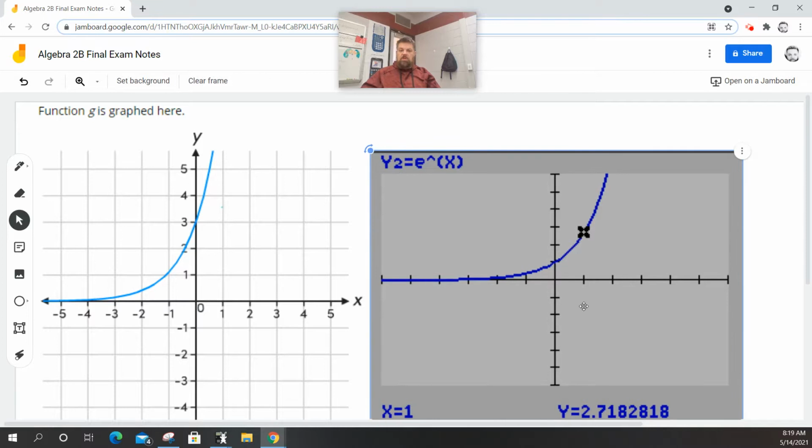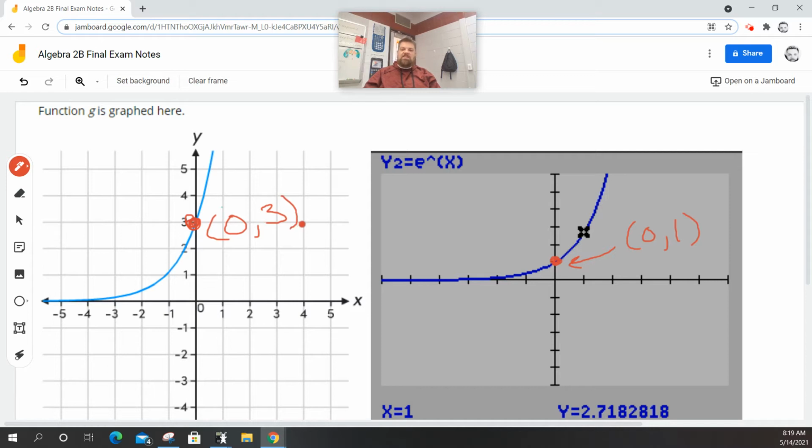So when I compare them side by side, one thing I want to point out is that I notice the y-intercept here occurs at 0, 1, right? And my y-intercept here occurs at 0, 3.